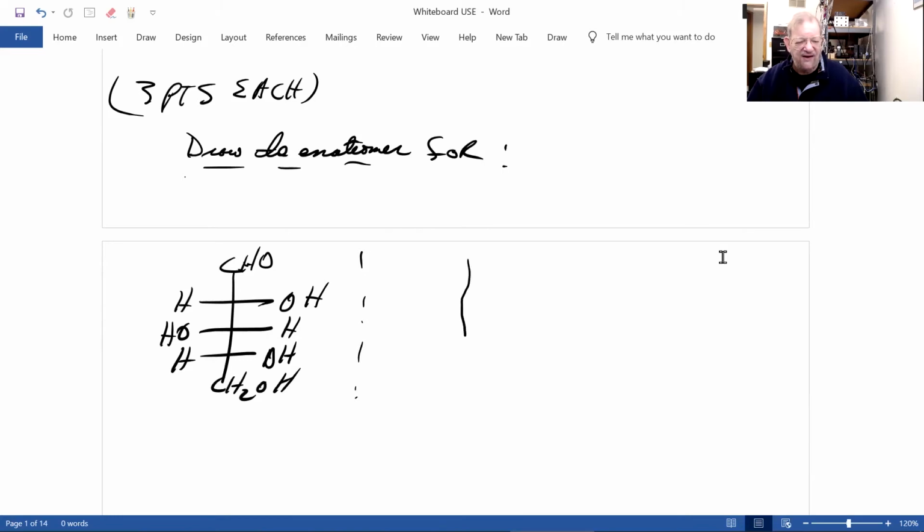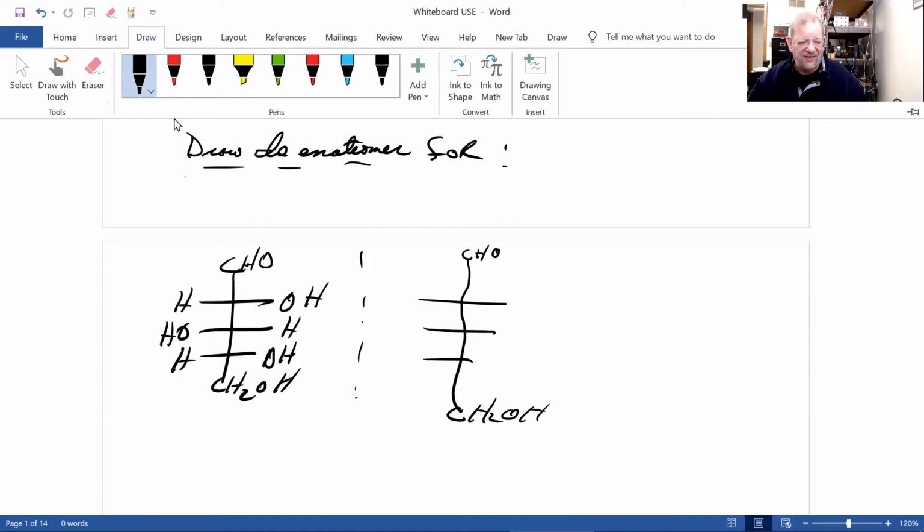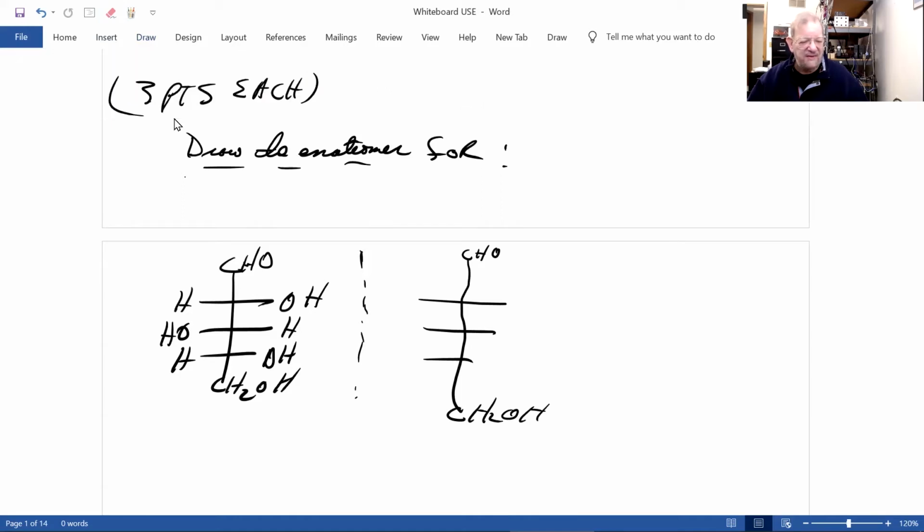So first of all, I'm going to do my backbone. 1, 2, 3. The bottom here, I have CH2OH. It's achiral. Here I have my aldehyde. An extra line fell in there. And now here's my mirror.